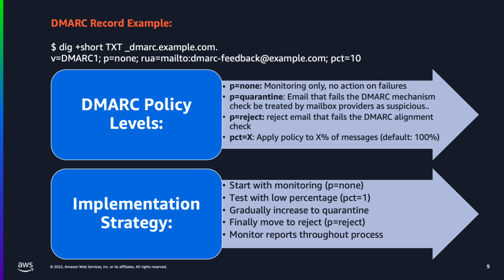If this record includes the string adkim=r, aspf=r, or if the adkim and aspf strings are not present at all, then your domain uses relaxed alignment for DKIM or SPF. If the record includes the string adkim=s, aspf=s, then your domain uses strict alignment for DKIM or SPF.